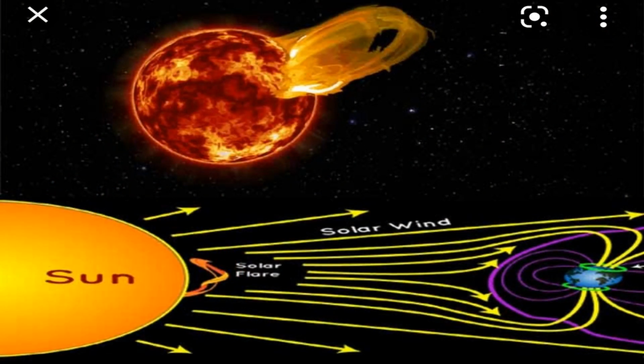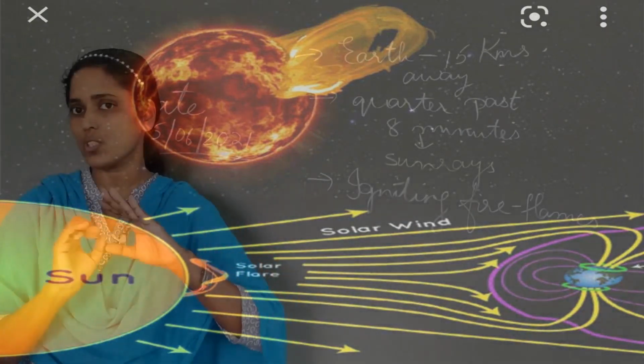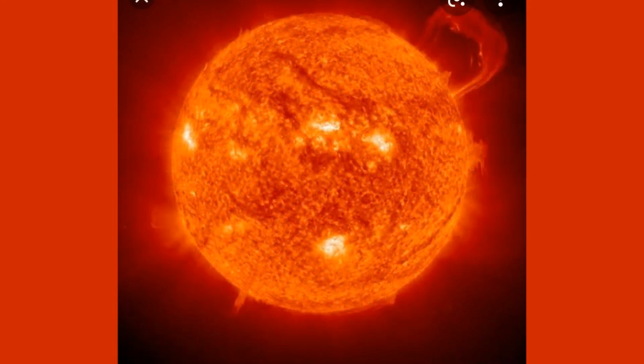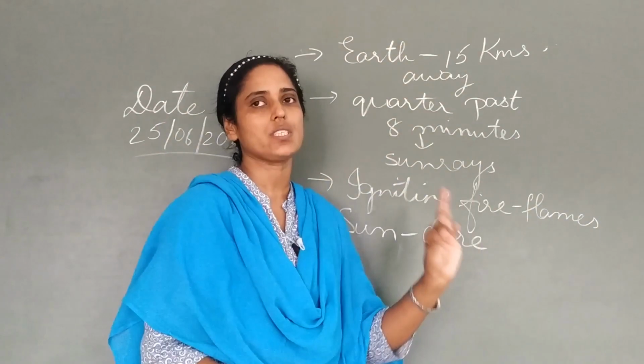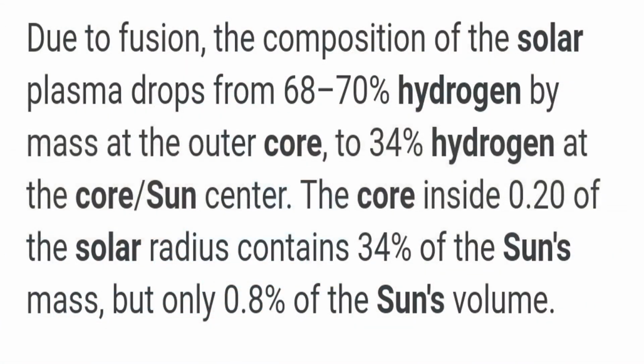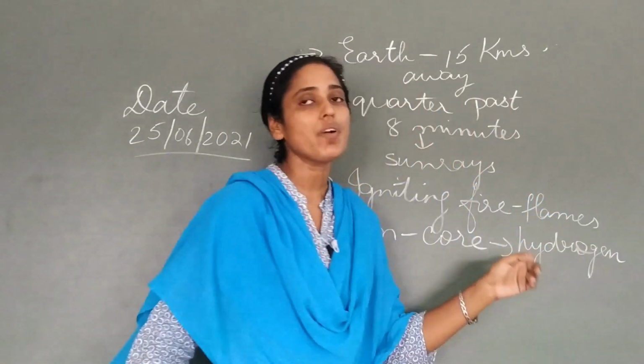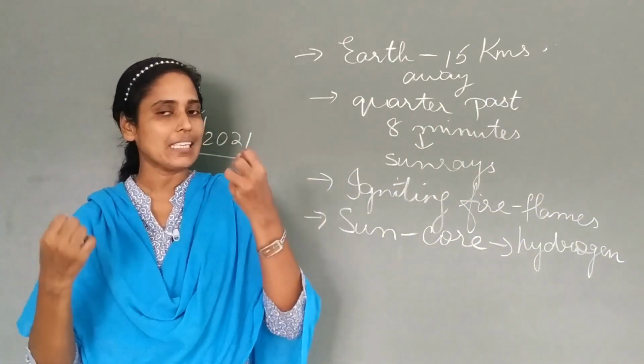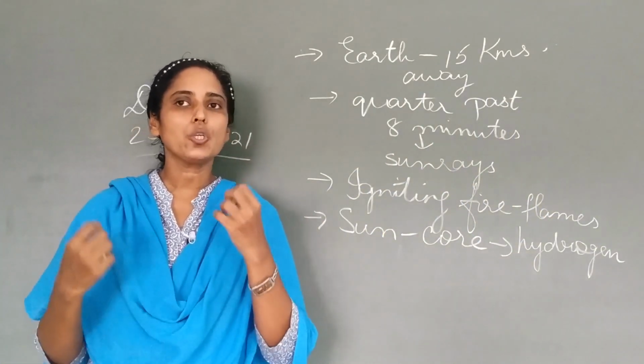The sun's core, the central portion of the sun, has hydrogen gas. Which gas is there, students? Hydrogen gas. It is comprised of hydrogen gas and it produces light and heat. And due to that, what happens?